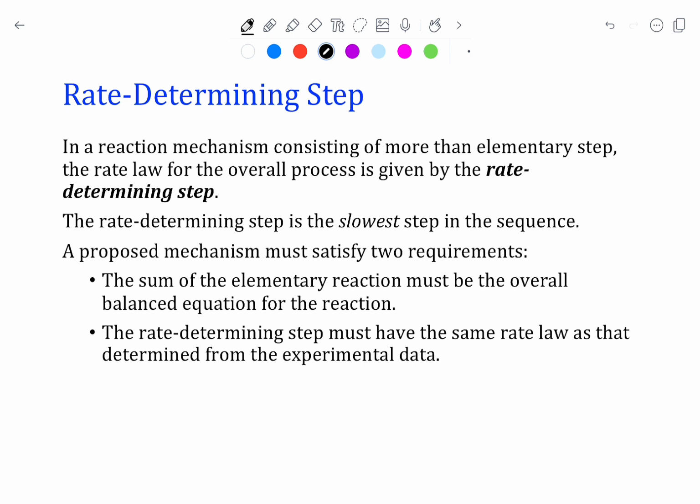In a reaction mechanism consisting of more than one elementary step, the rate law for the overall process is given by the rate determining step. So if we know the rate law, then we know the rate determining step.